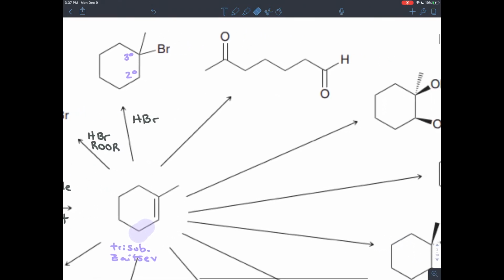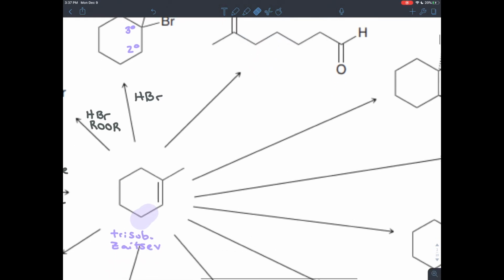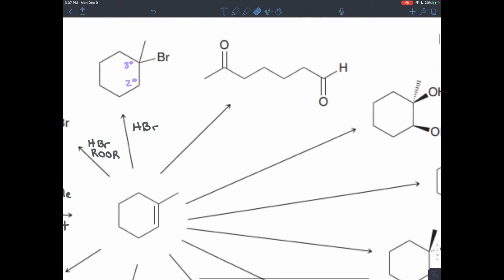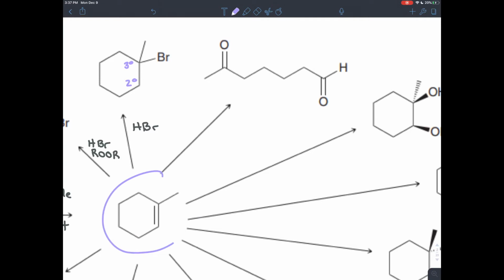Okay. This next one is really useful because it's a way to do something kind of unique, and that is to break a carbon-to-carbon bond. So we'll see the significance of that as these exercises progress, but in this next one, we're trying to break a carbon-to-carbon bond. After all, we have a ring here, and in our product, we don't.